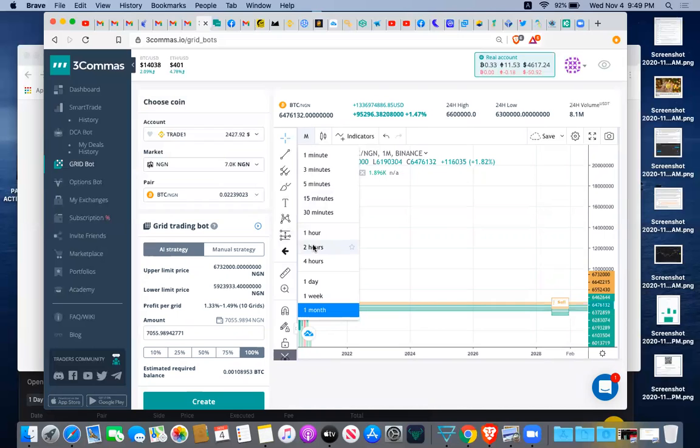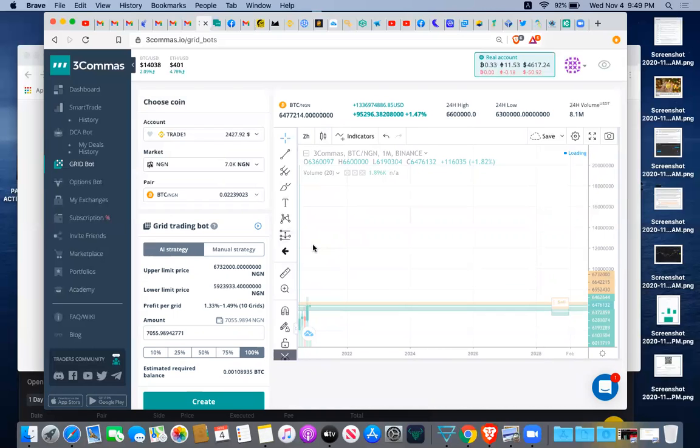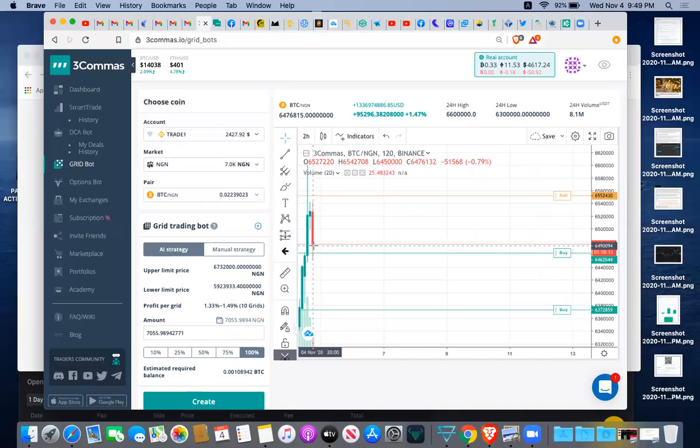So let's use 2 hours. Okay, what it is showing me as the upper limit here is about 6.7 million naira, and a lower limit of about 5.9 million naira. But the current price right now is about 6,476,000 naira, right?